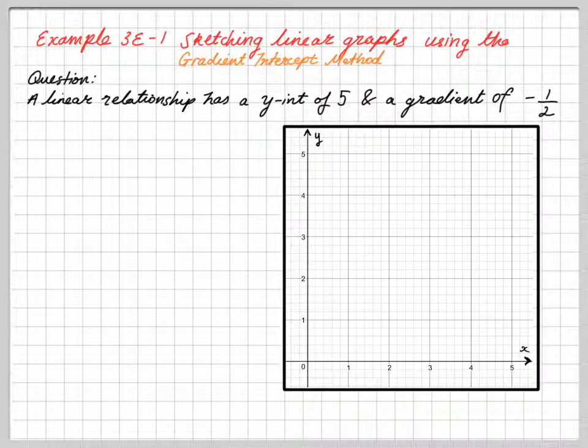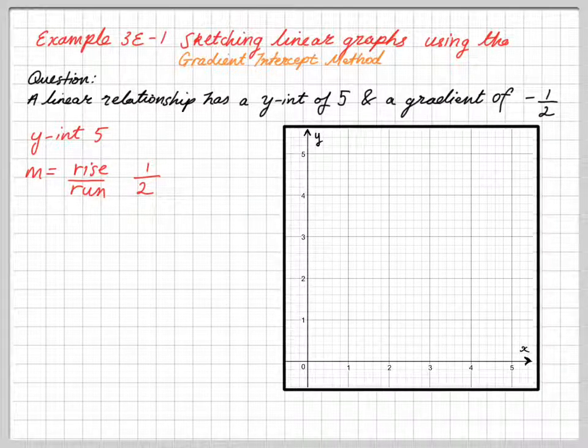So let's do this. We know our y-intercept is 5. And we know our m is our rise over run. Because we know our rise over run is 1/2, we've got to make one negative because it is -1/2.